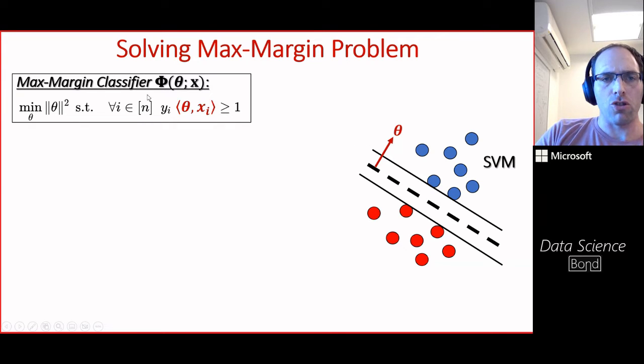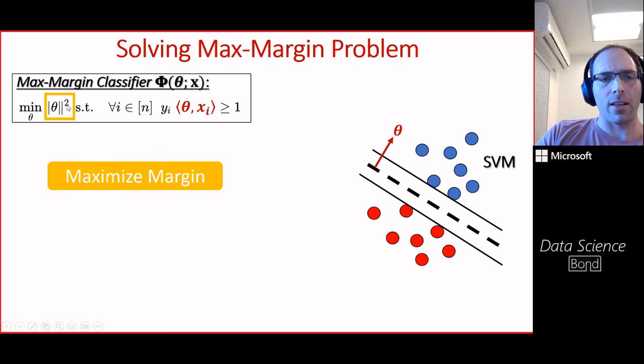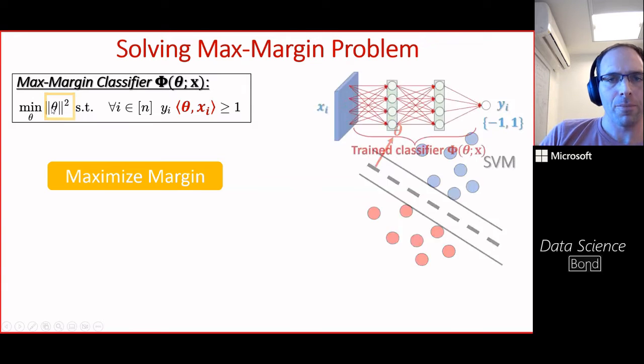We have this minimization objective, which is related to the margin. By minimizing the norm of the vector, you actually maximize the margin. This is not trivial to see, but any introduction to SVM shows you how to geometrically relate this vector to the geometrical margin. Then you get that by minimizing this, you maximize the margin.